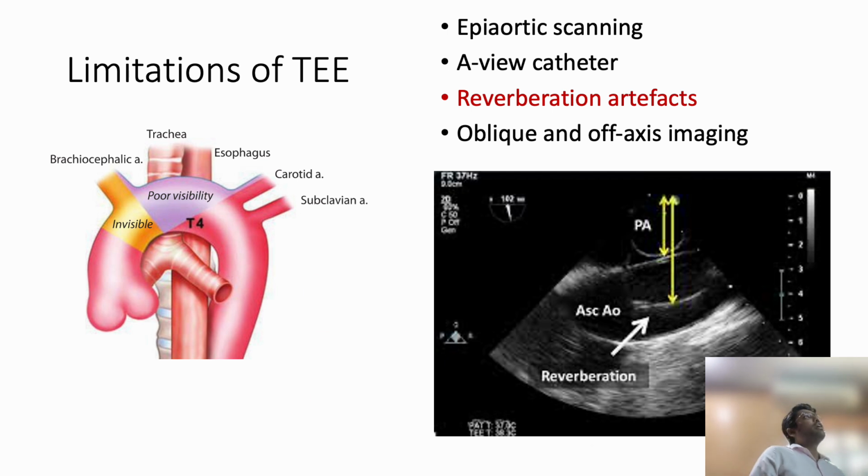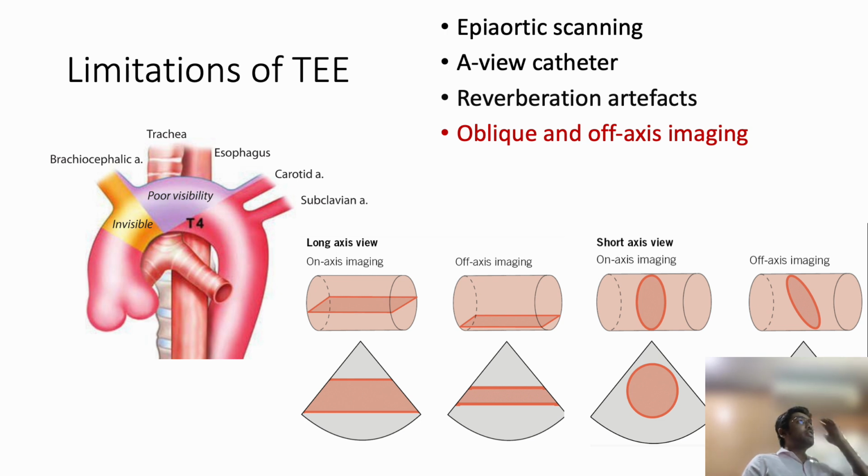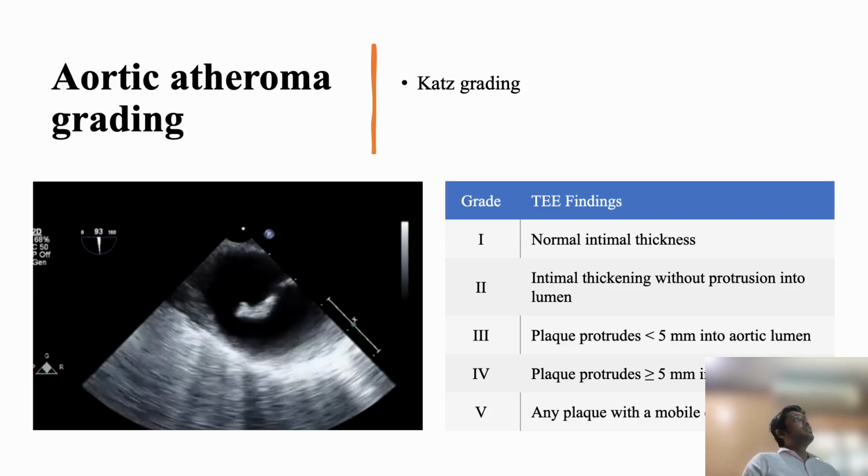Also, oblique and off-axis imaging occurs in the aorta if we do not cut it in the same plane, because in a long axis view you can see the problem of off-axis imaging, and your aorta diameter significantly changes between the long axis and the short axis.